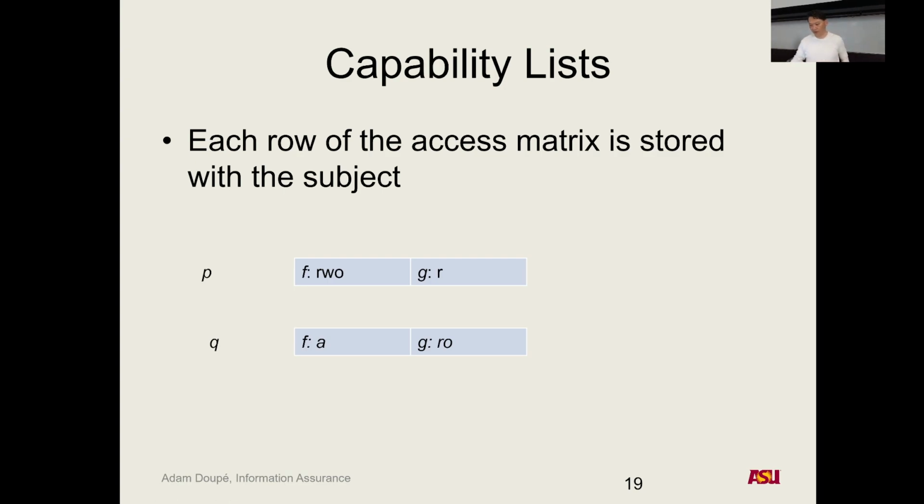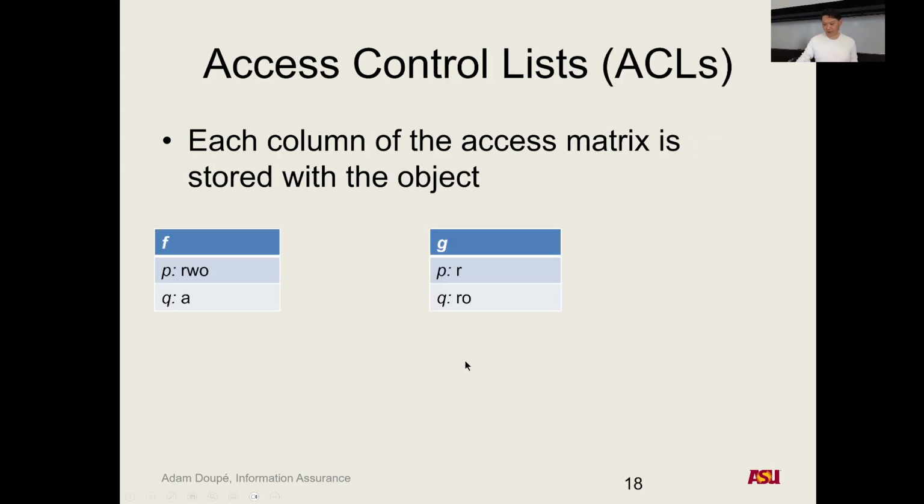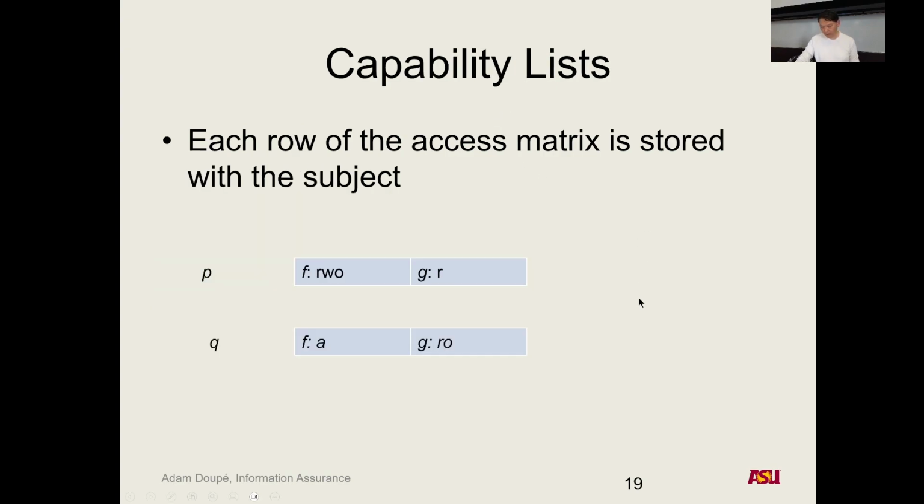You can see, this ACL is based on the object, right? And associated with the resource they are going to protect. But the capability list is associated with a permission or a capability directly with the subject.